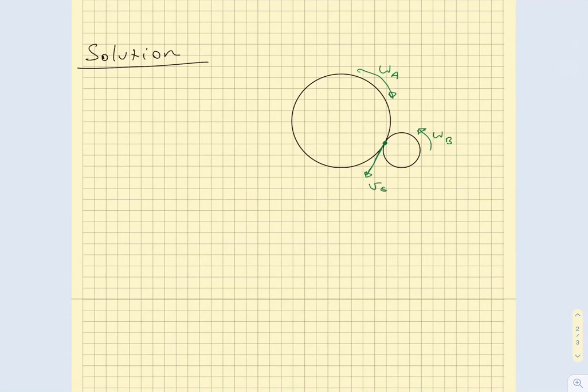The way that we relate these two is that we recognize that the velocity at the point of contact, say this is the velocity of c, should be the same at the edges of these gears.